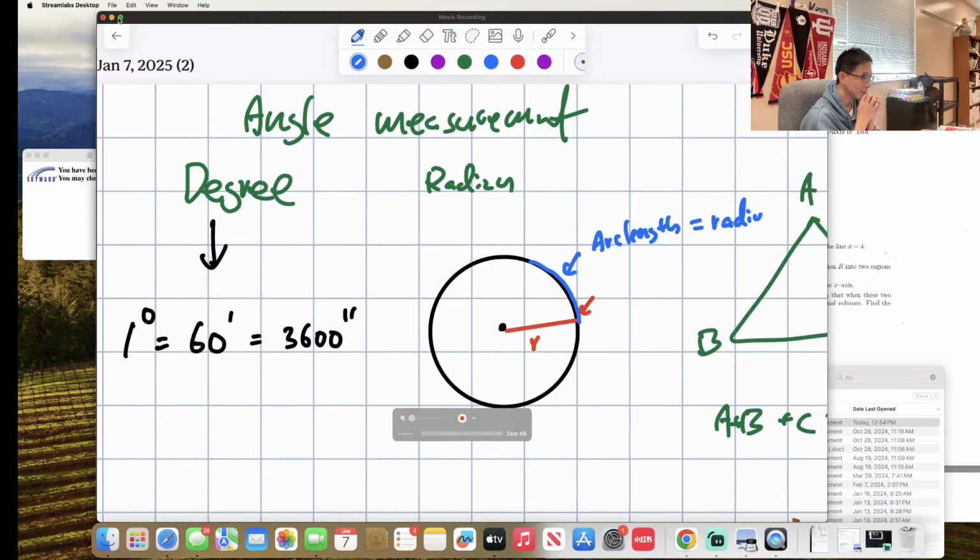Why is it 57.3 degrees? You know this. Now this is something you know. I'm charging my Apple Pencil, so you still can think.